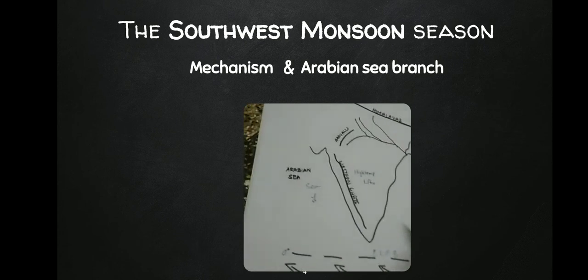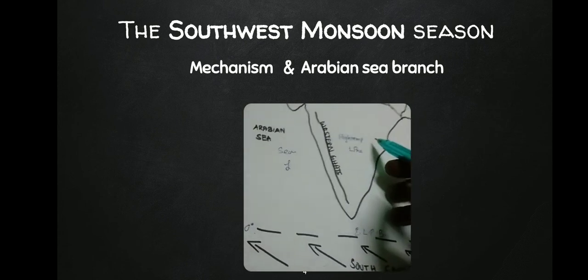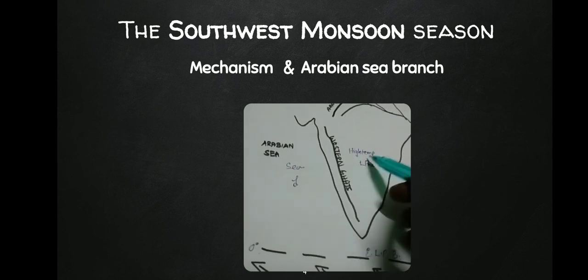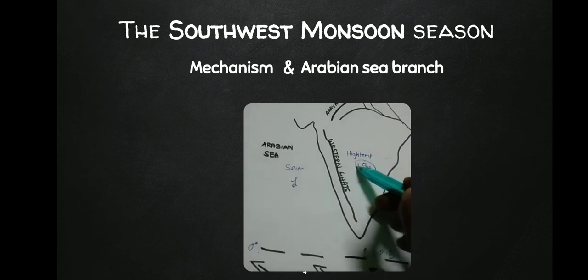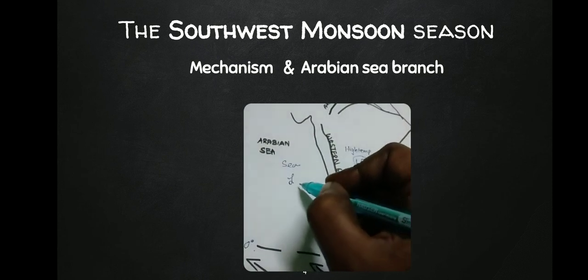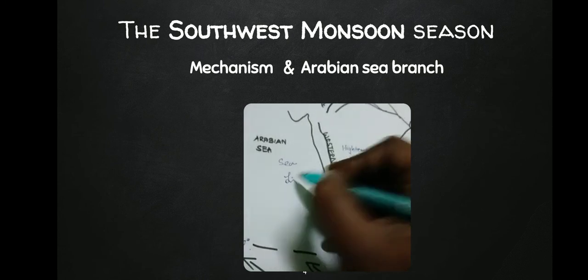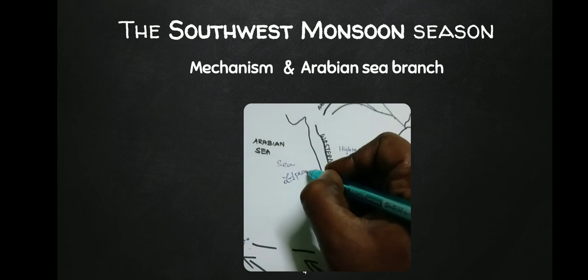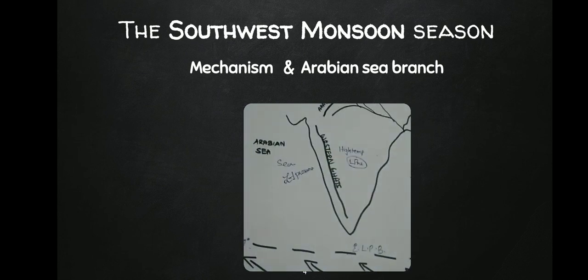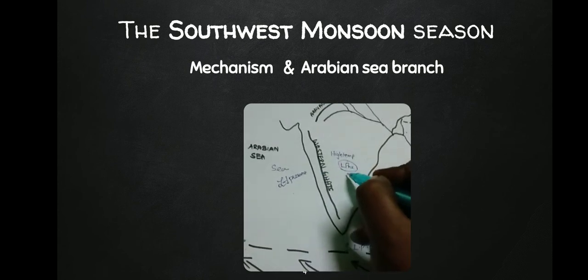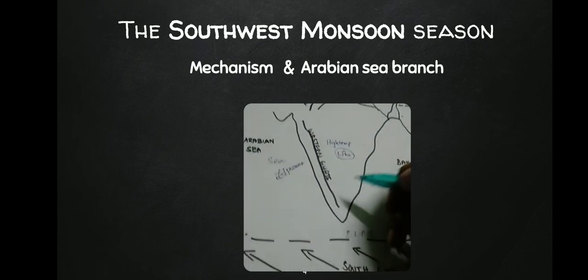By the end of May, the land experiences high temperature, therefore it develops low pressure, whereas the sea by that time has high pressure when compared to the land. So the general phenomena is that wind blows from high pressure to low pressure region.